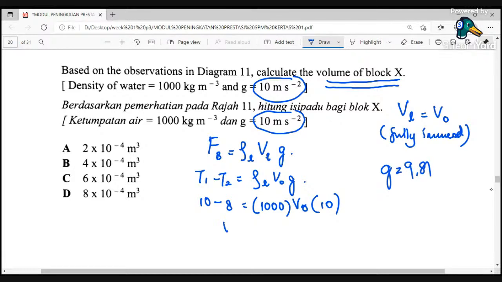So V_O equals 2 times 10 to the power negative 4 meter cubed. Answer A.